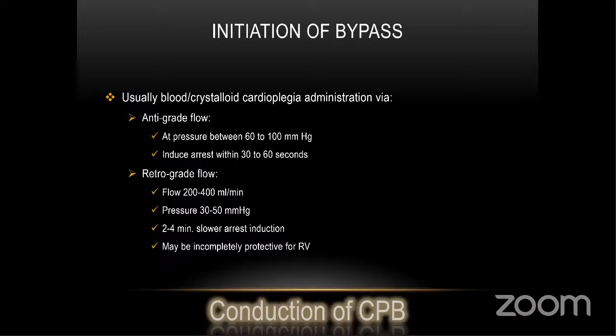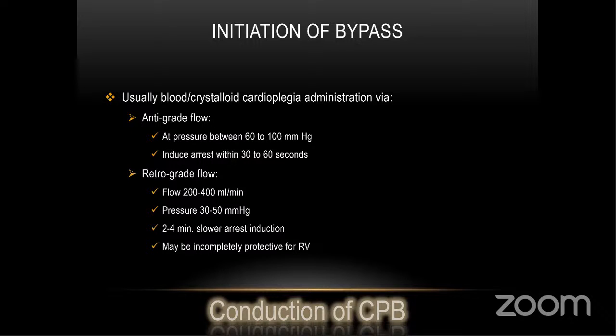As we mentioned, usually blood or crystalloid cardioplegia is administered, either by antegrade flow. For antegrade cardioplegia flow, the pressure should be between 60 to 100, and that will induce arrest within 30 to 60 seconds.